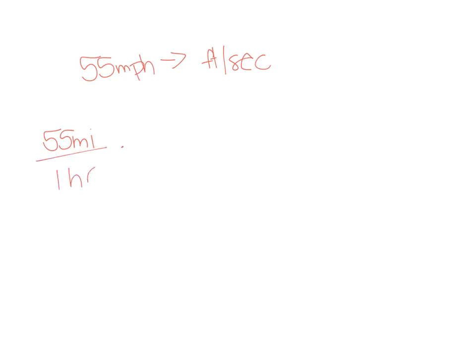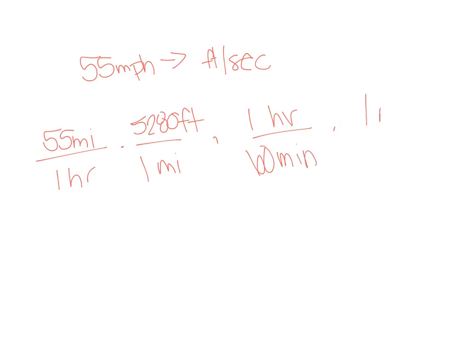Here I'm going to work with the same problem. 55 miles per hour, and we are trying to convert that to feet per second. So I have 55 miles per 1 hour. The number of feet in a mile is not going to change, so 1 mile has 5,280 feet. 1 hour has 60 minutes, and 1 minute has 60 seconds.